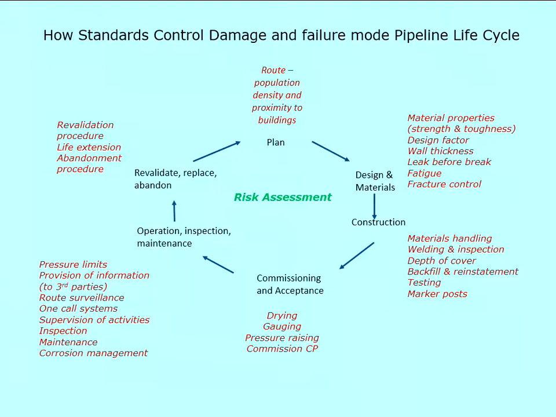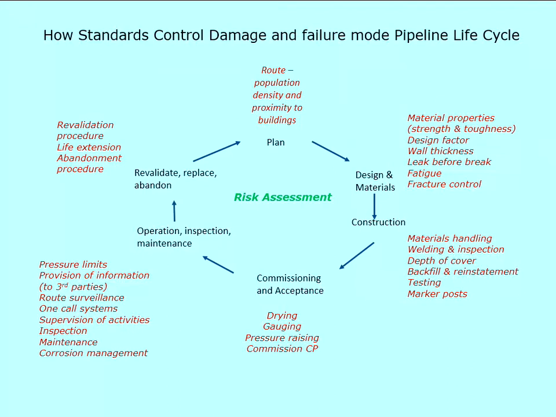However, they allow you to apply risk assessment as a decision tool if you're dealing with a typical situation during the life of the pipeline. You suddenly have a non-compliance situation because somebody's built something next to the pipeline which wasn't there when you installed it. So they allow risk assessment to make decisions in that sort of situation. And in some cases where the code is difficult or very expensive to apply, for example the code has requirements for road crossings.